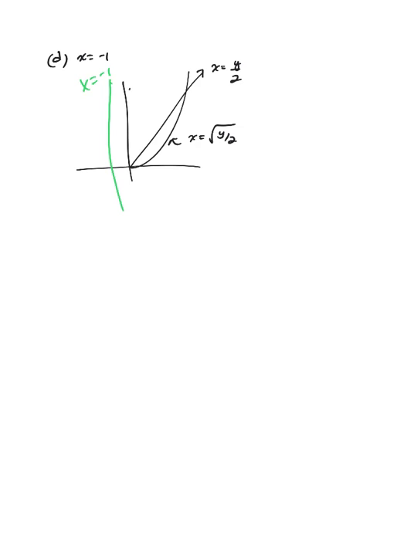My outer radius, keep in mind it's right minus left, so this is my outer radius. R1 is going to be the square root of y over 2 minus -1. Minus a negative is +1. R2 is going to be y over 2 minus -1.